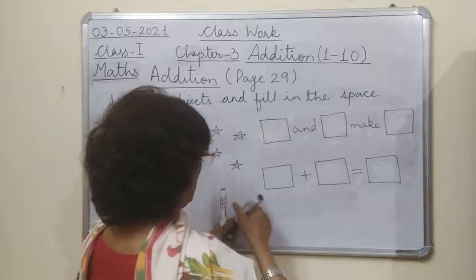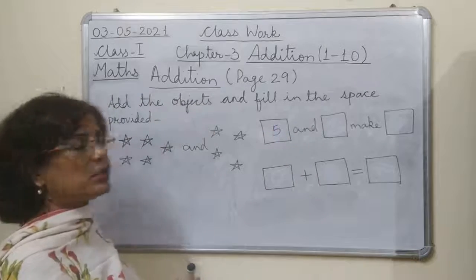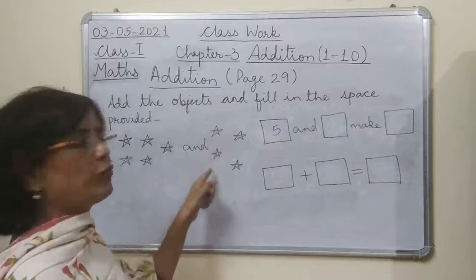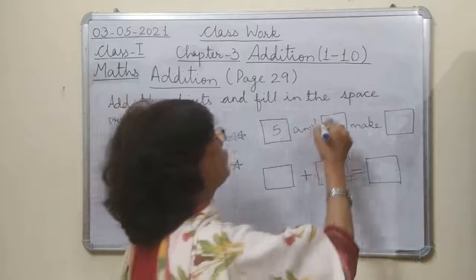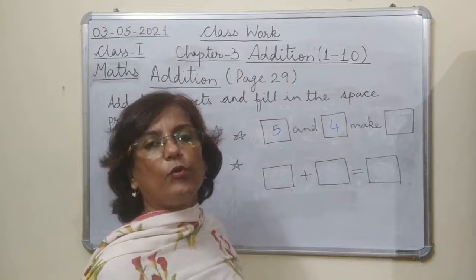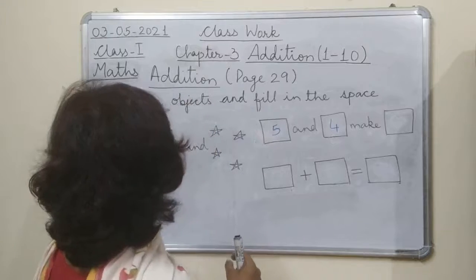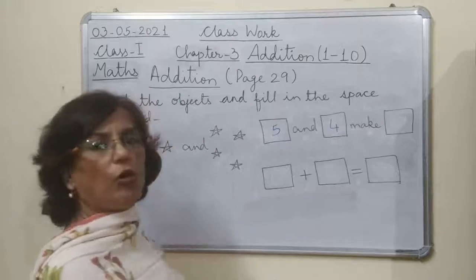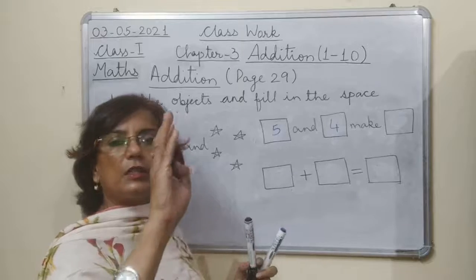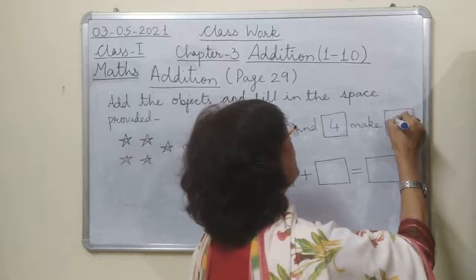So here we write 5. ठीक है, 5 stars and 1, 2, 3, 4 and 4. So 5 and 4. 5 and 4 मतलब 1, 2, 3, 4, 5, 6, 7, 8, 9, or 5, 6, 7, 8, 9. So 5 and 4 make 9.